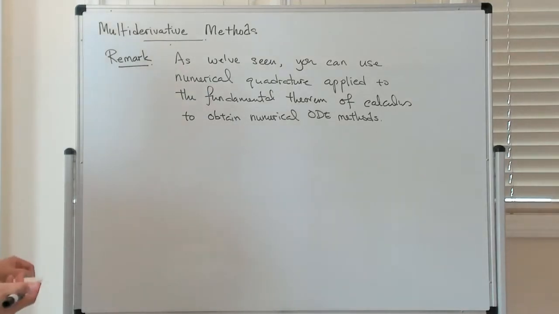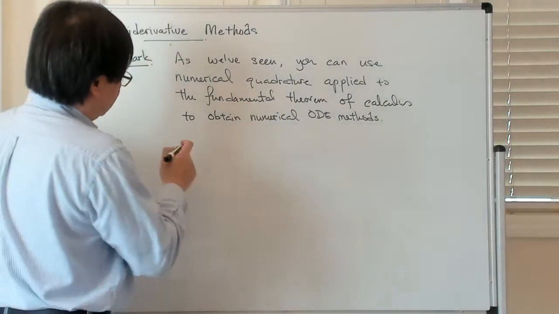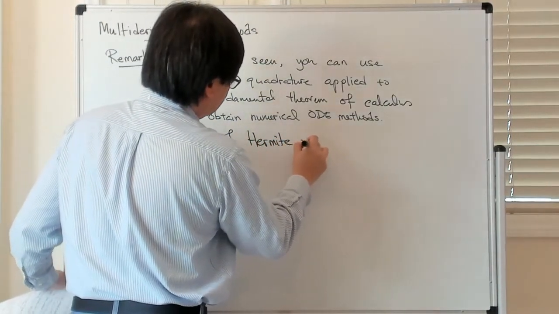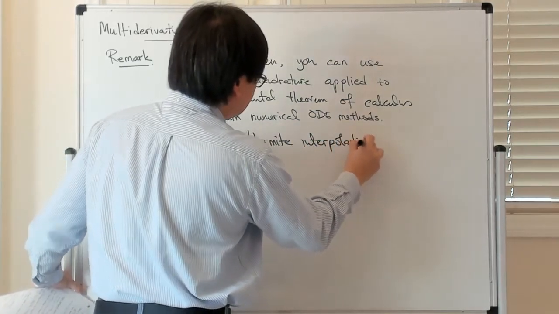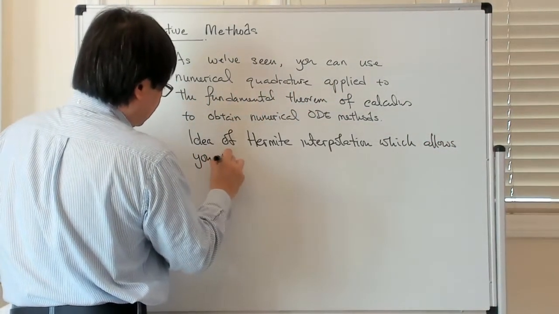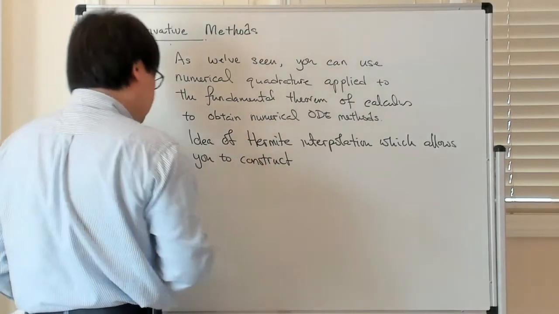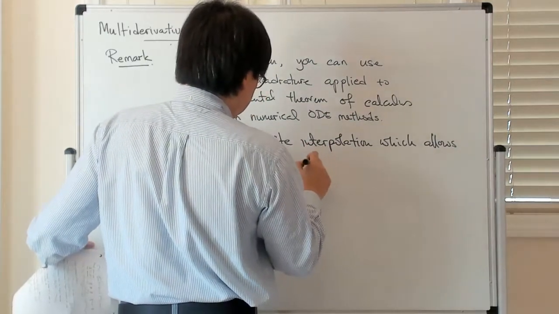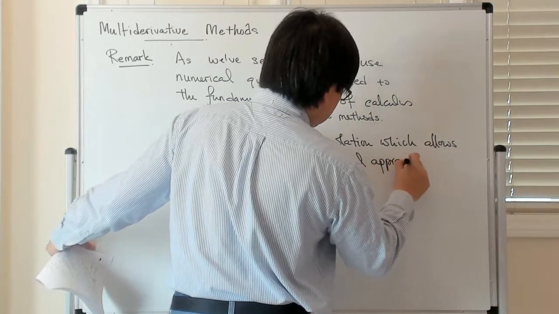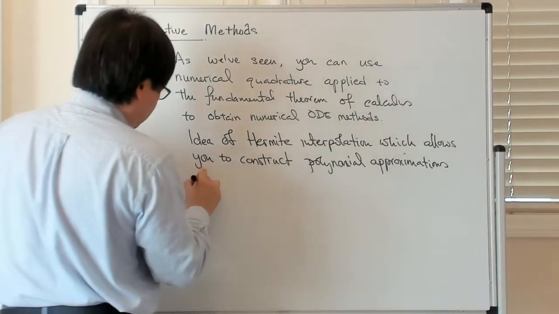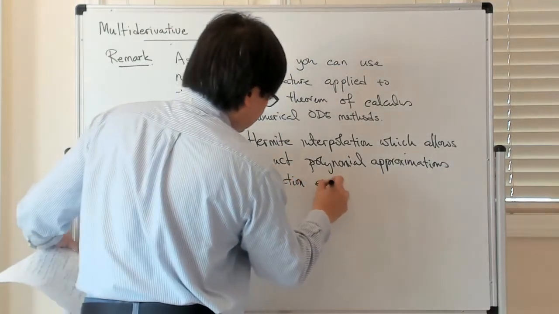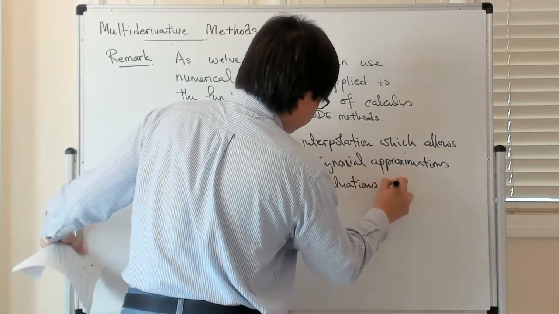And so that leads to the idea of Hermite interpolation, which allows you to construct polynomial approximations using both function evaluations and derivatives.